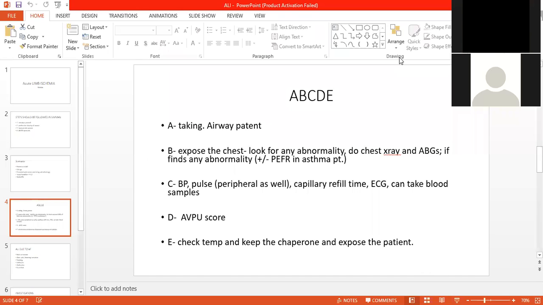After the pain, we will check the other 6 P's for acute limb ischemia as well. When you will be checking the dorsalis pedis artery, it will not be palpable. After that, keep in mind that you need to check the pulses of both limbs. Don't skip the left limb. You have to check the pulses in both lower limbs.